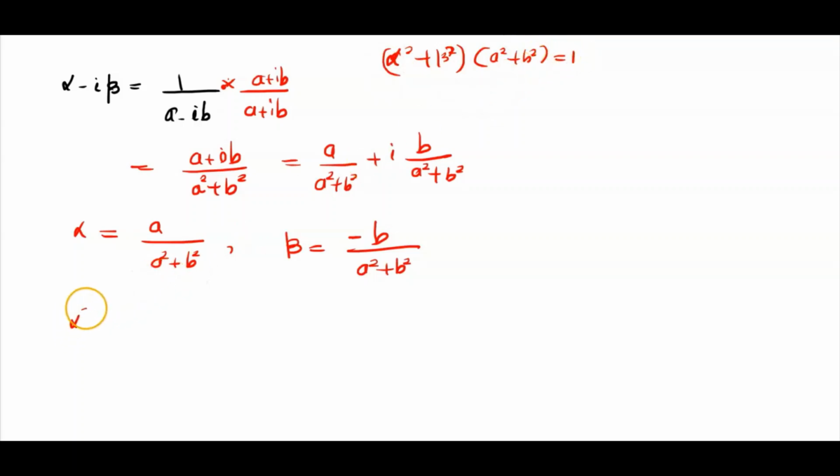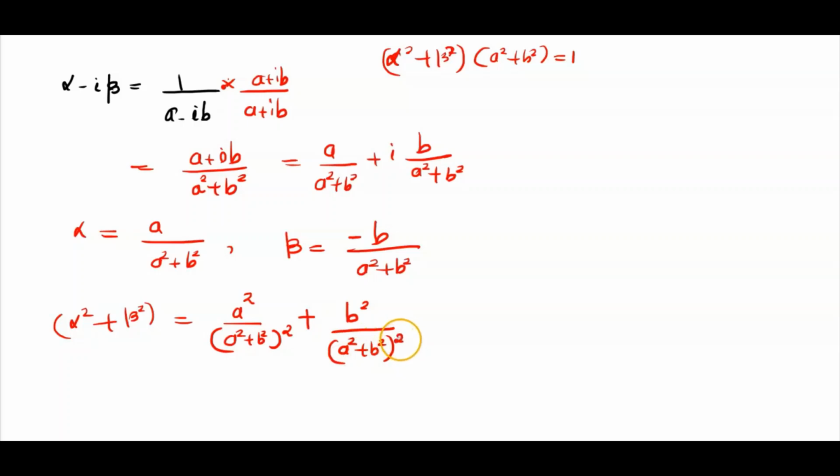So what is alpha square plus beta square? This is a by a square plus b square whole square. That means a square divided by a square plus b square whole square, plus beta square is b square divided by a square plus b square whole square.